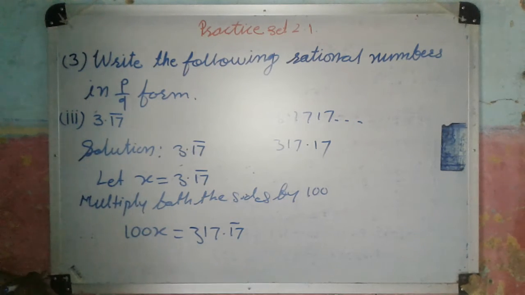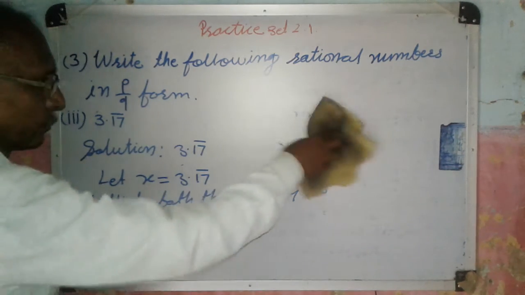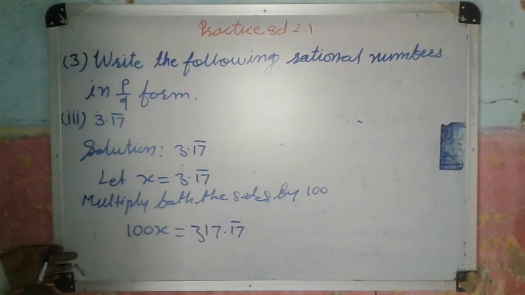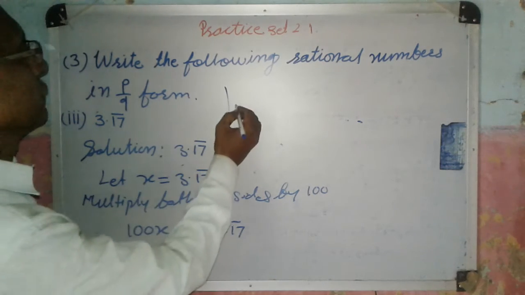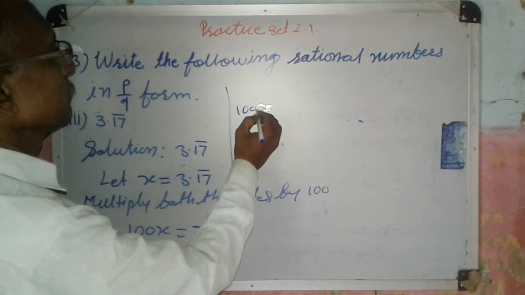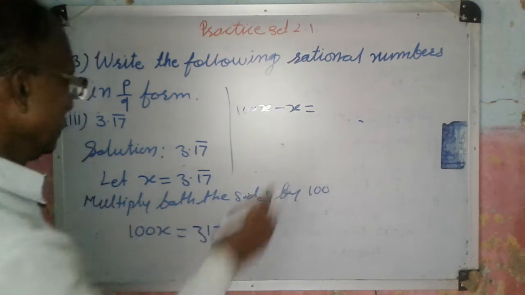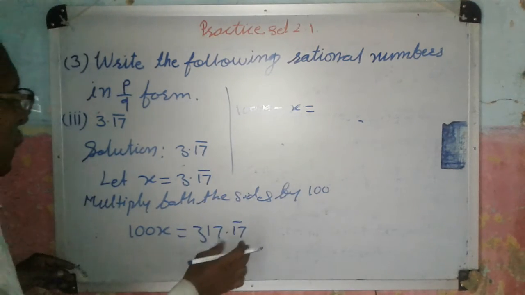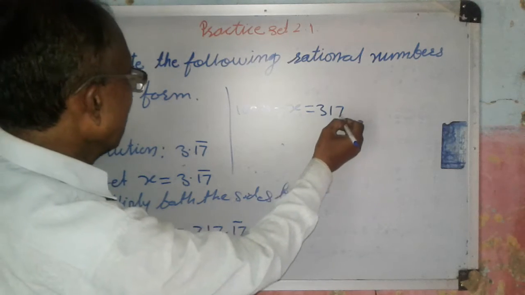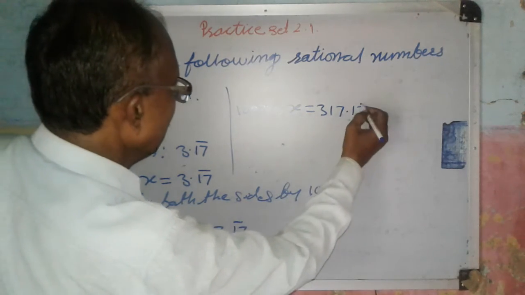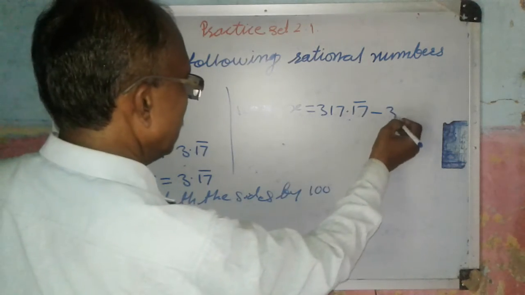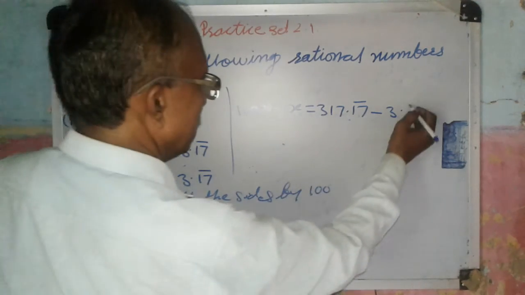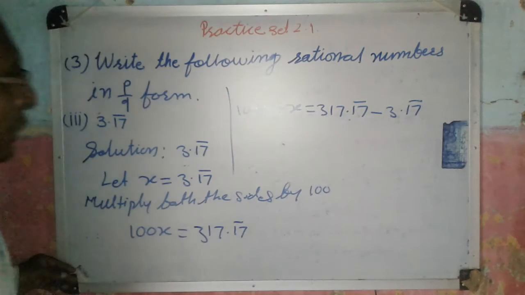Now 100x minus x is equal to 317.17 bar minus 3.17 bar.